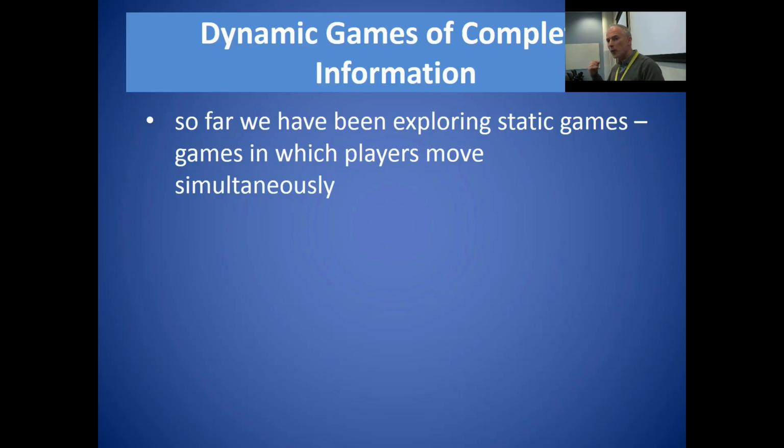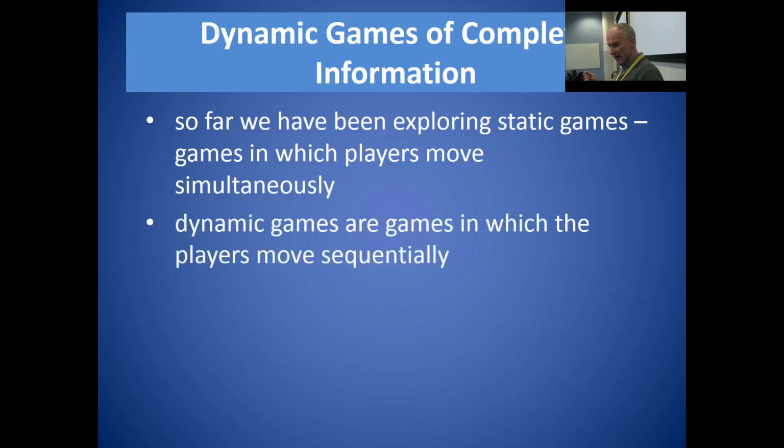They've been games where players move simultaneously, where they choose their actions at the same time. Now, though, we're going to move into a completely new class of game, where players move sequentially, where they take it in turns to move. So that will change. But what is still the same, though, is we'll still look at games of complete information.